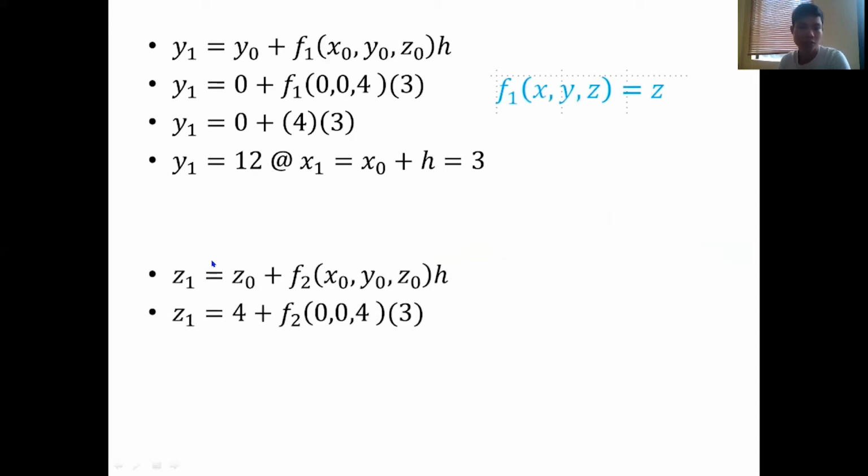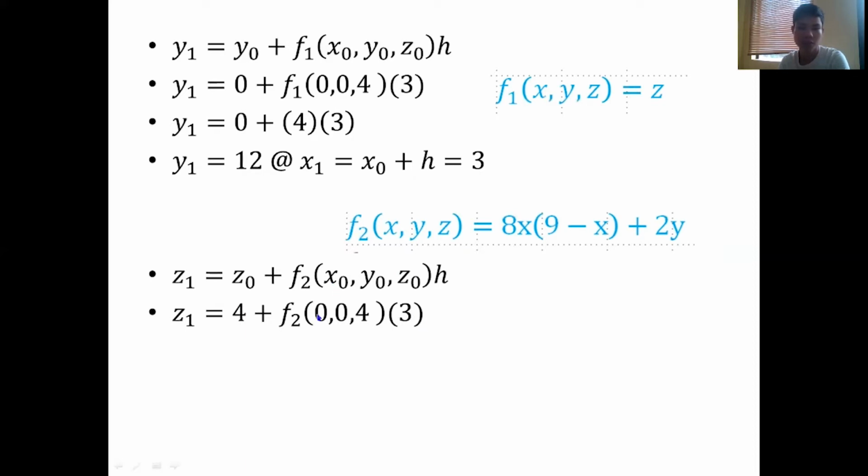So next is solving for the value of z1. Again, substituting the initial values, z0 here will be 4. The same applies at this point. And recall our formula for function 2, which is f(x, y, z) equals 8x(9 minus x) plus 2y.